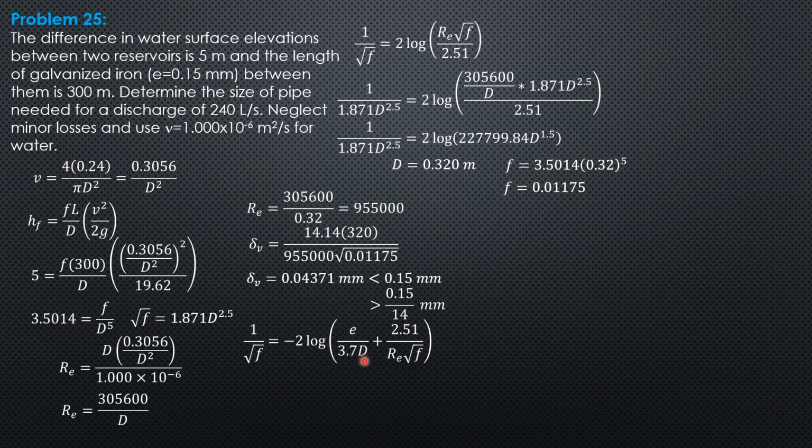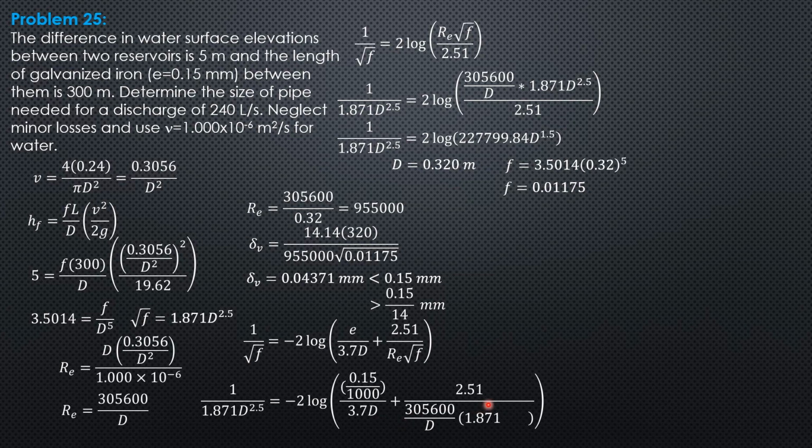So 1 over 1.871 d to the 2.5 equals negative 2 log of 0.15 over 1000 to make it meter over 3.7d, plus 2.51 over Reynolds number 305,600 over d times square root of f, which is 1.871 d to the 2.5.